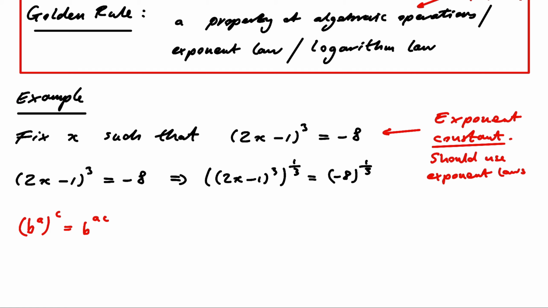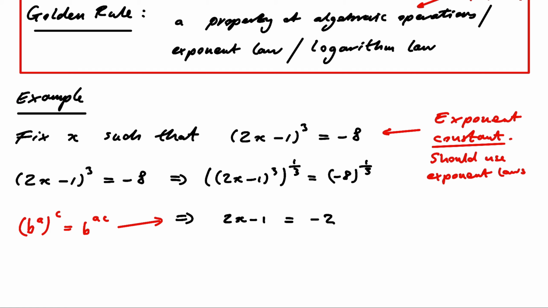So this implies that 2x minus 1 to the power 1, which is on its own, has to be equal to the cube root of minus 8. It's not completely obvious what that is, but if I take minus 2 and multiply it by itself 3 times, I get minus 8. So this is minus 2.